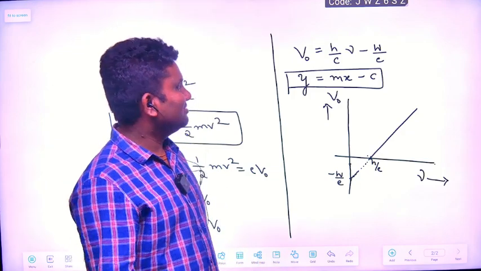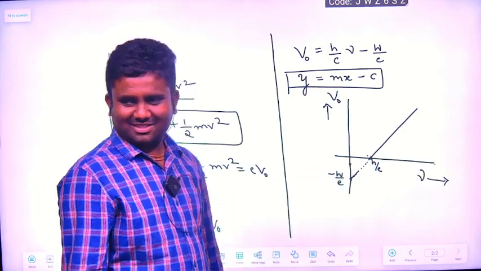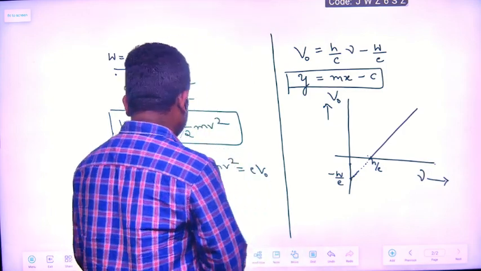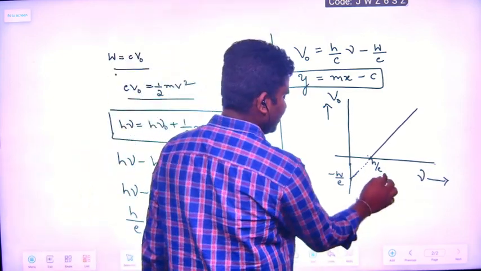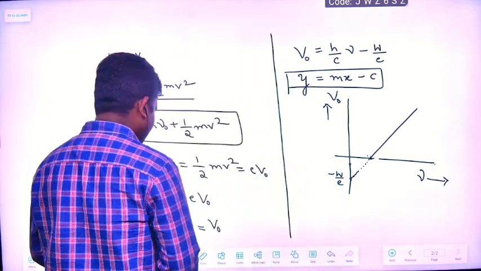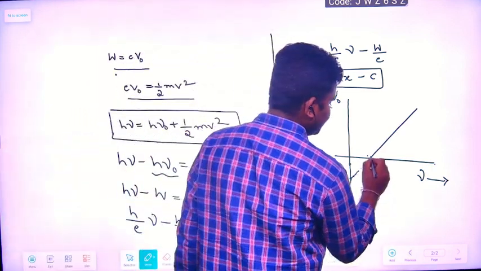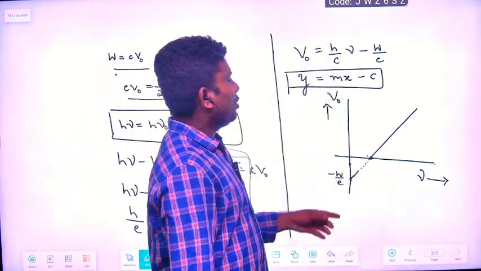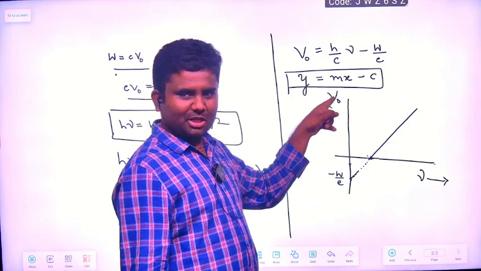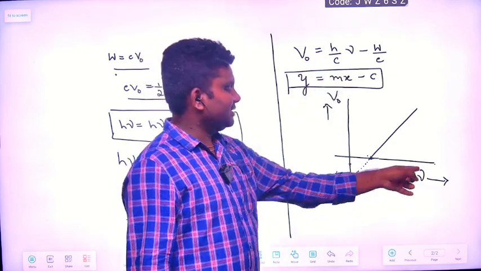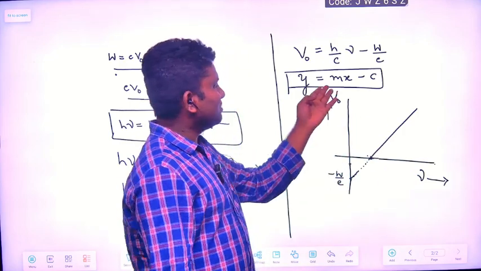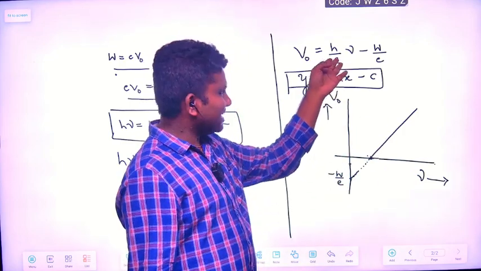So what is the slope of this straight line? See, y is V naught, stopping potential, x is frequency. M is the slope, and m is h by e.